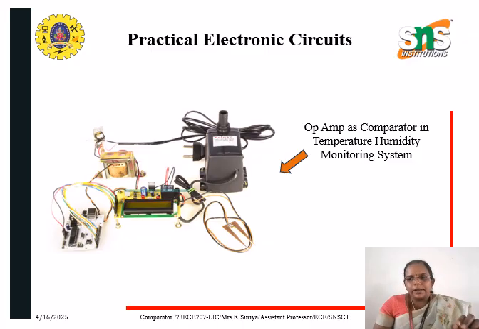So the sensing arrangement senses the moisture of the soil, and an appropriate signal is given by the Arduino board. So this is achieved using an op-amp as a comparator circuit acting as an interface between the sensing arrangement and the microcontroller. Based on the signal received from the sensing arrangement, the water pump is operated. The LCD display is used for displaying the status of the soil moisture content and water pump.